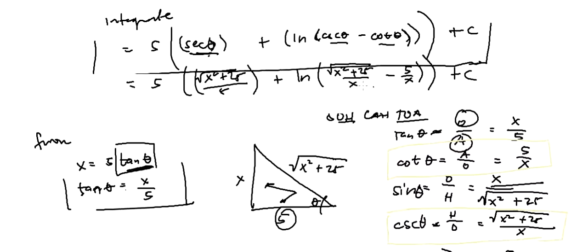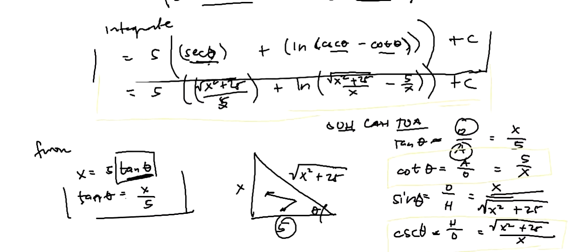Right? We have ln of square root of x squared plus 25 all over x minus 5 over x. Then for the first term, we have square root of x squared plus 25 all over 5. Okay, so this is now our final answer.